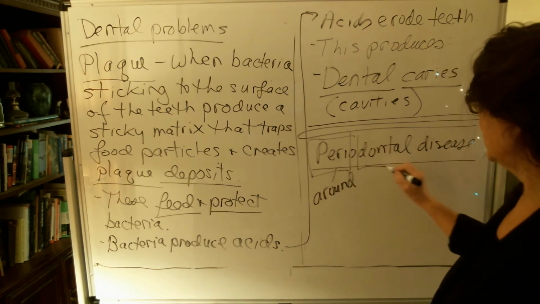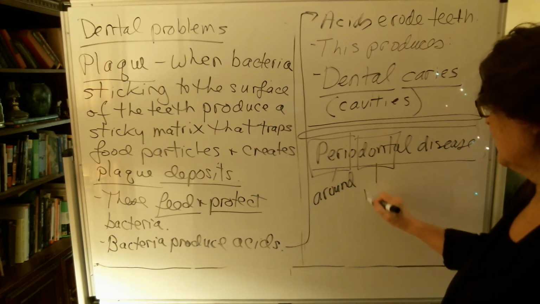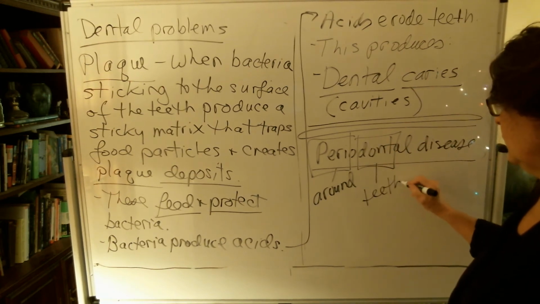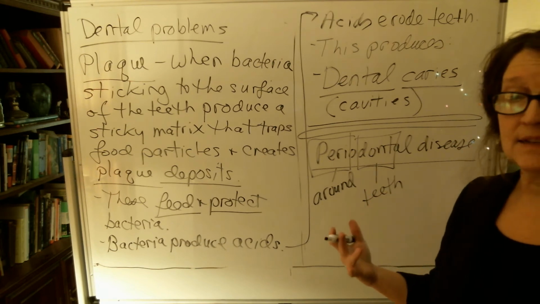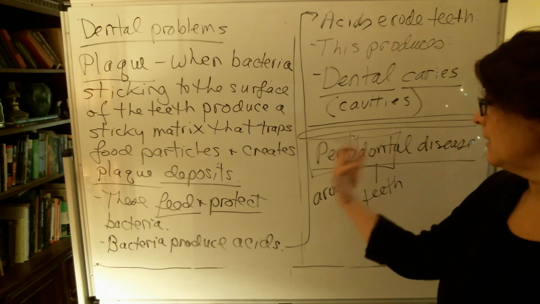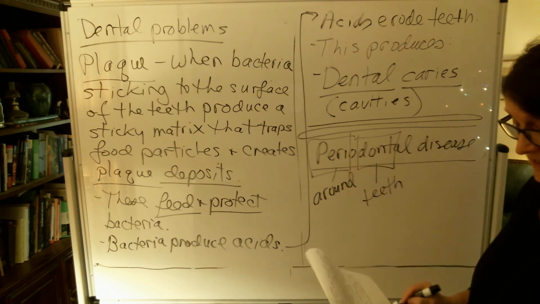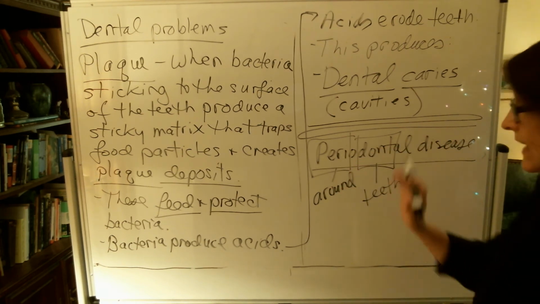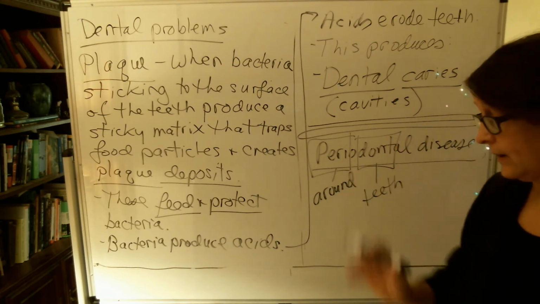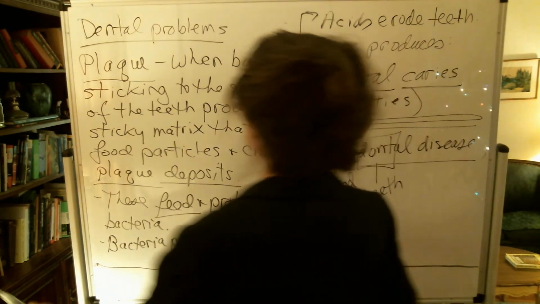And where you see dont, that means teeth. When you see dont, dent, this kind of thing, that has to do with teeth. Peri means around. So periodontal disease, then, has to do with the area around your teeth. Now I'll get to that on the other side here.